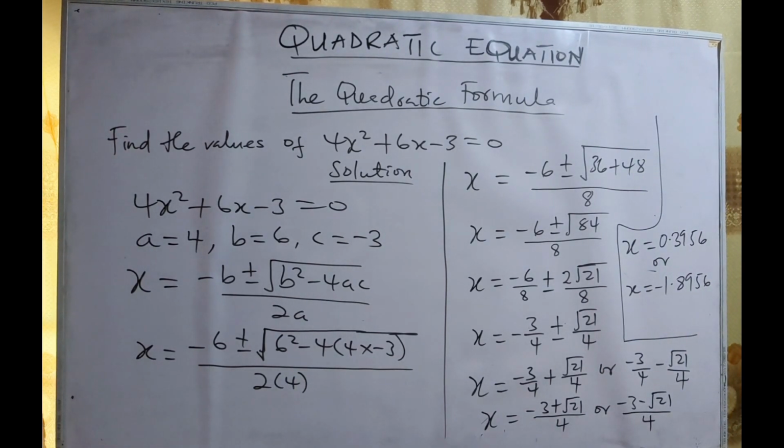So we have two values of x: 0.395 or negative 1.8956. So we see that this is how we can also use the formula to solve a quadratic equation.